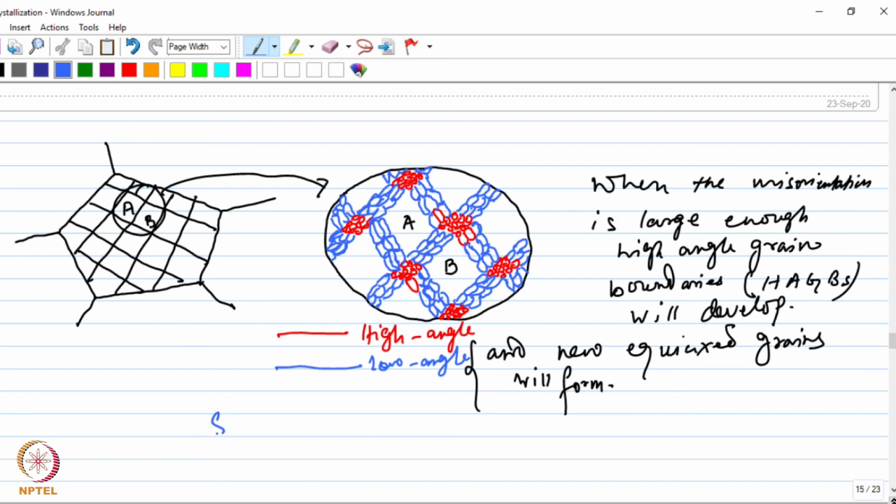That means, you'll have to go for this kind of processes known as severe plastic deformation process, in which the material is deformed to a very large strain, and therefore you can expect this kind of micro shear bands to form in large numbers so that a network of these MSBs can be created for them to serve as the nucleation sites for the new equiaxed grains to form.